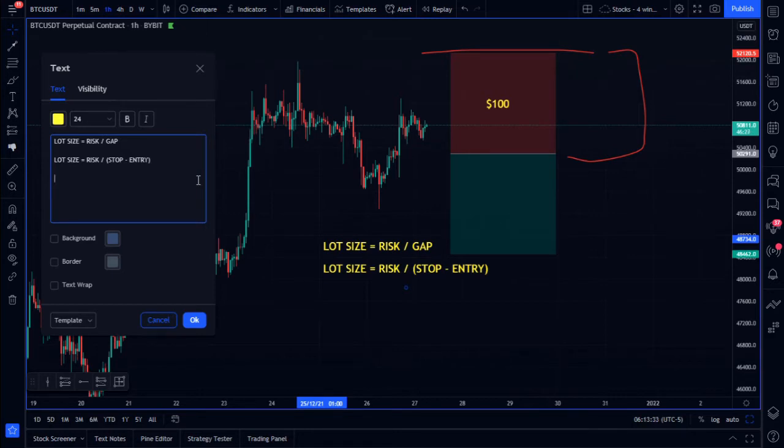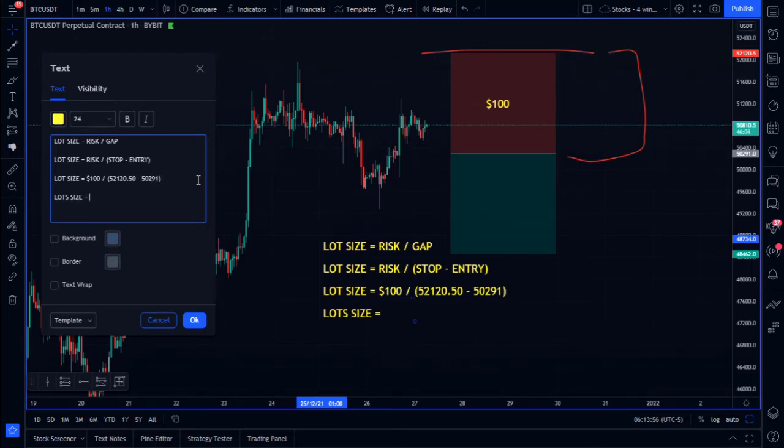Okay, let's punch in some values. So lot size equals $100, the risk, divided by the stop. The stop is the red value, 52,120.50 minus the entry, which is 50,291.